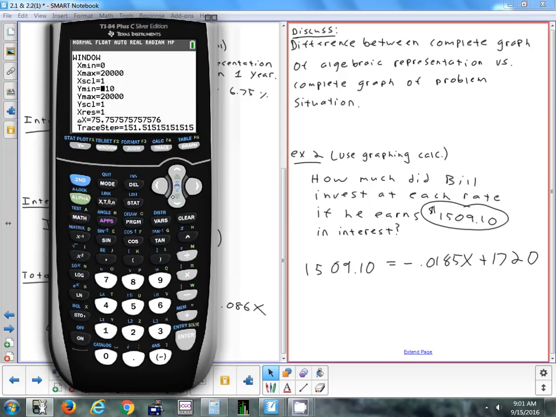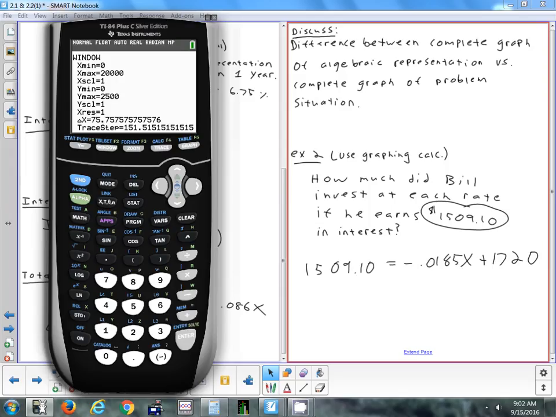Now, he's not going to make negative interest, but we don't know the maximum amount of interest he could earn. Let's just set it at 2,500. Well, actually, we do. What's the maximum amount of interest he could earn? If we look at this y-intercept, 1720, that tells us where we're crossing the y-axis.